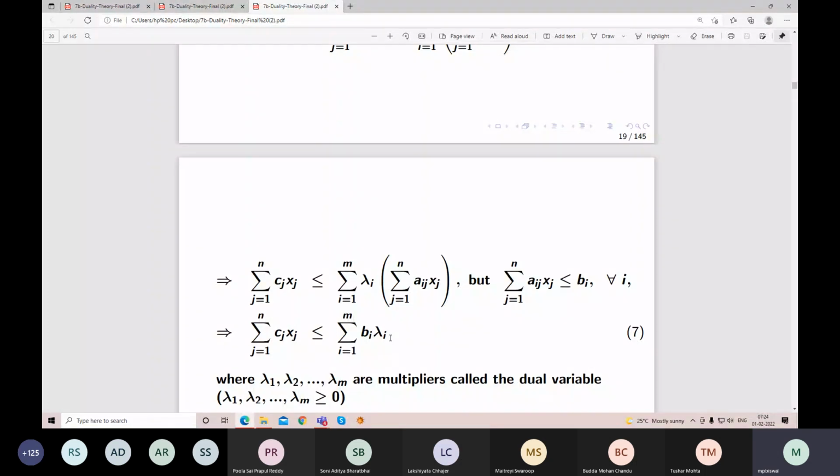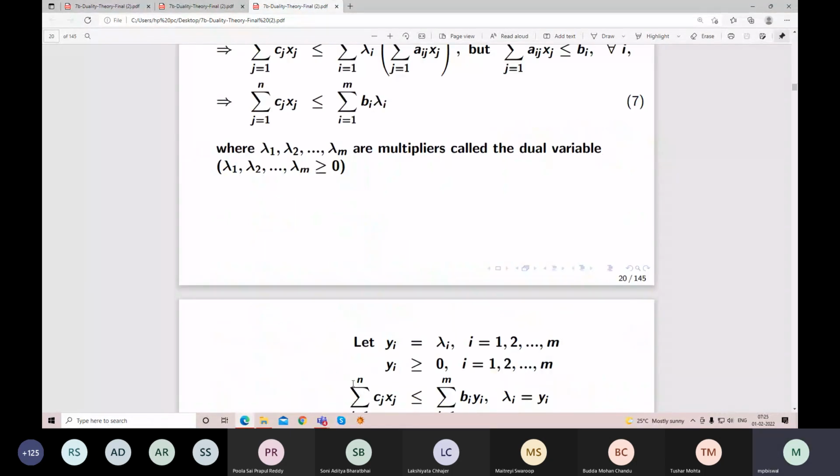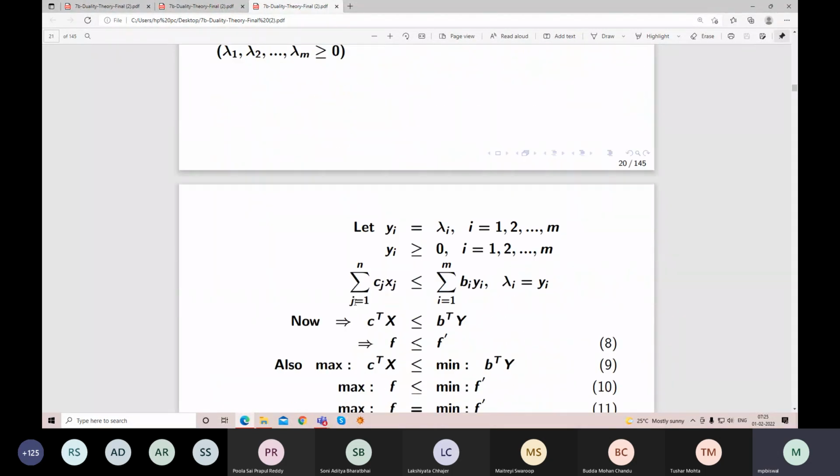Lambda 1, lambda 2, lambda m are the multipliers, also called the dual variables. The dual variables I am naming as y1, y2, ym. As a result, the sum over j from 1 to n of cj xj is less than or equal to the sum over i from 1 to m of bi yi. The summation of cj xj is the value of the primal objective function.